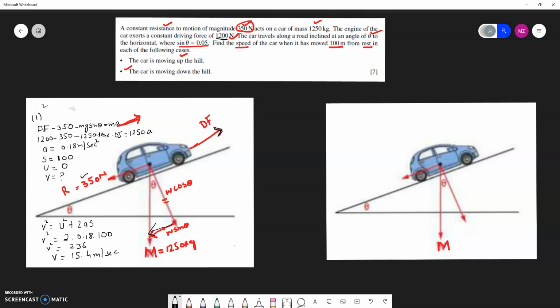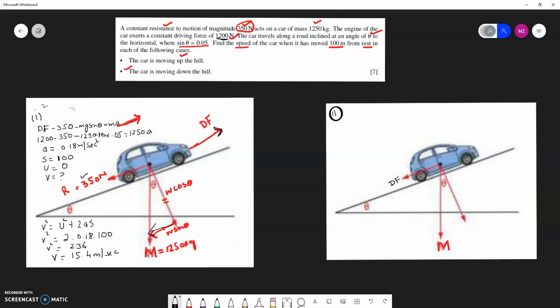Now in the second part, the car is moving down the plane. Now the driving force will be in this direction because the car is moving downhill.